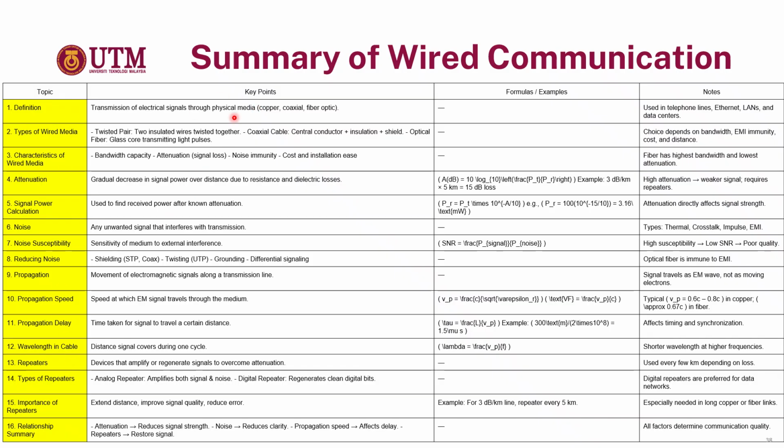This will help you understand all the differences or similarities or distinguishing factors, based on the definition, types of wired media, characteristics of wired media, attenuation, signal power calculation, noise susceptibility, reducing noise, propagation speed, propagation delay, wavelength in cable, repeaters, types of repeaters, importance of repeaters, and relationship summaries for all of the cables that we have learned. Okay, next.